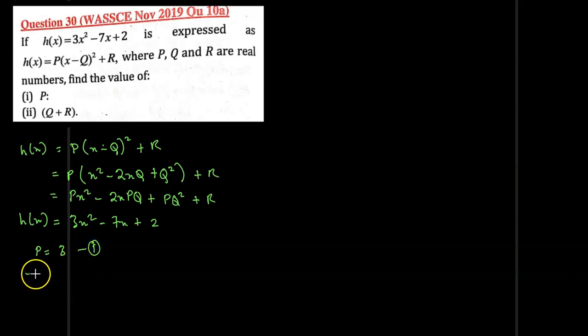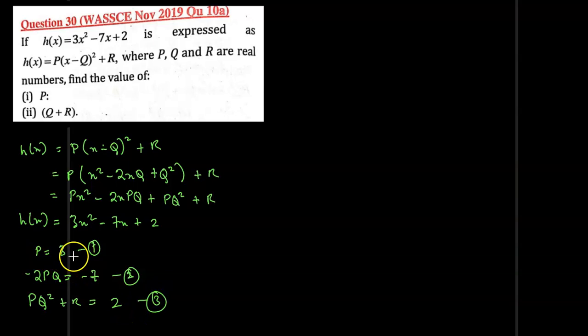Then coefficient of x is negative 2pq, which must be equal to negative 7. That's equation 2. Then equation 3 is going to be the constant. So pq squared plus r should be equal to 2. That's equation 3.